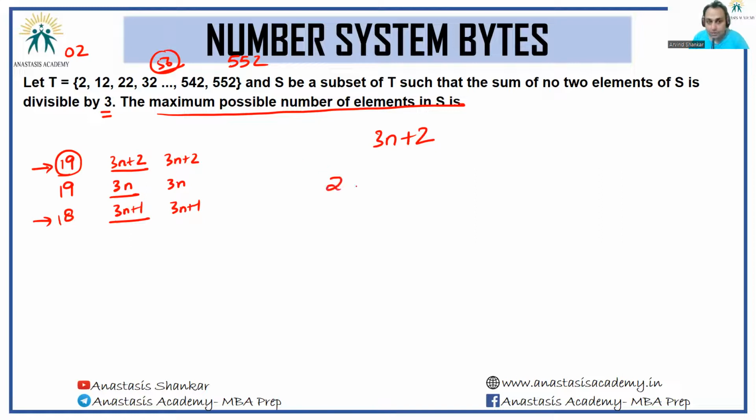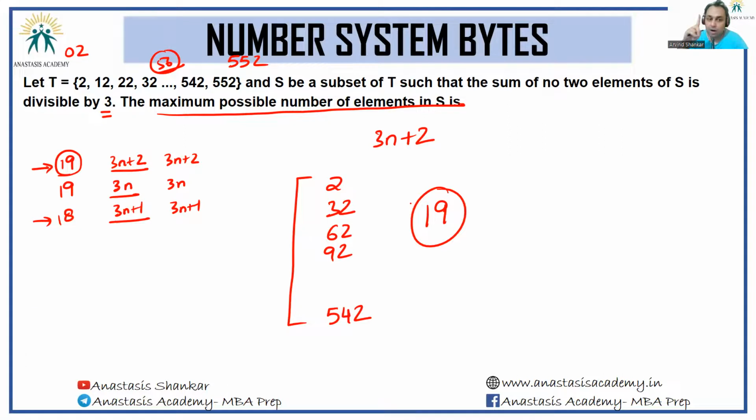Let me have all numbers 2, 32, and 62, and 92, and all of these numbers. This will go up till 542. How many elements do I get? I get 19 elements from here, but this will not be the answer. See, I don't want the sum of two elements to add up to be divisible by 3.